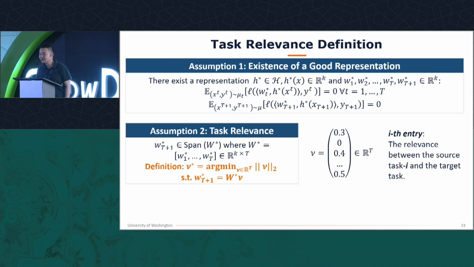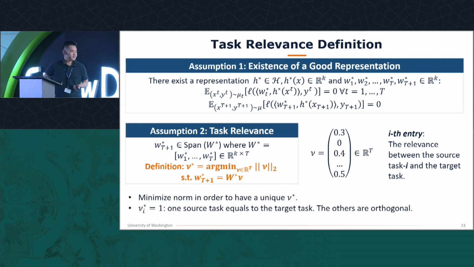So this vector will be something like 0.3, 0.4, up to something like 0.5. The i-th entry is the relevance between the source task i and the target task. So it's uniquely defined with W_{T+1} star and W star.